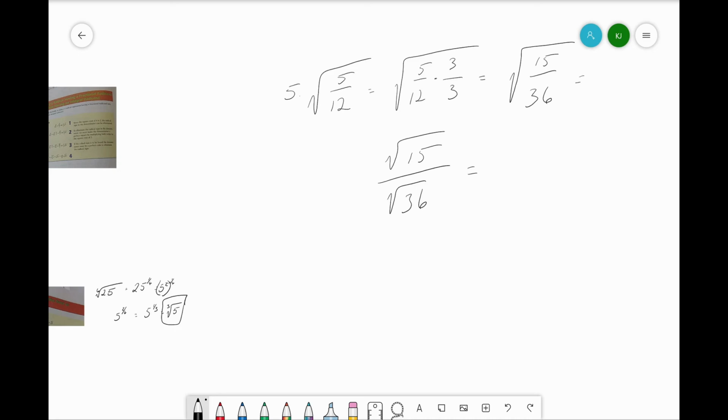And 36 is already a perfect square, so it's just the square root of 15 over 6. Okay?